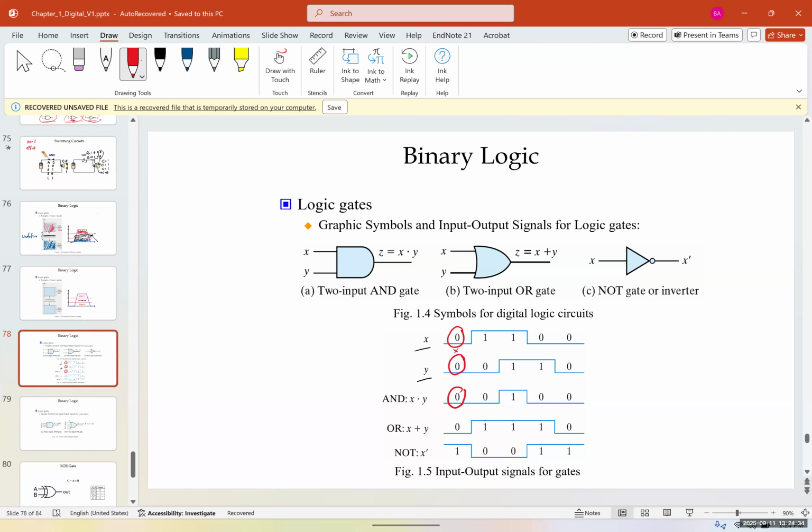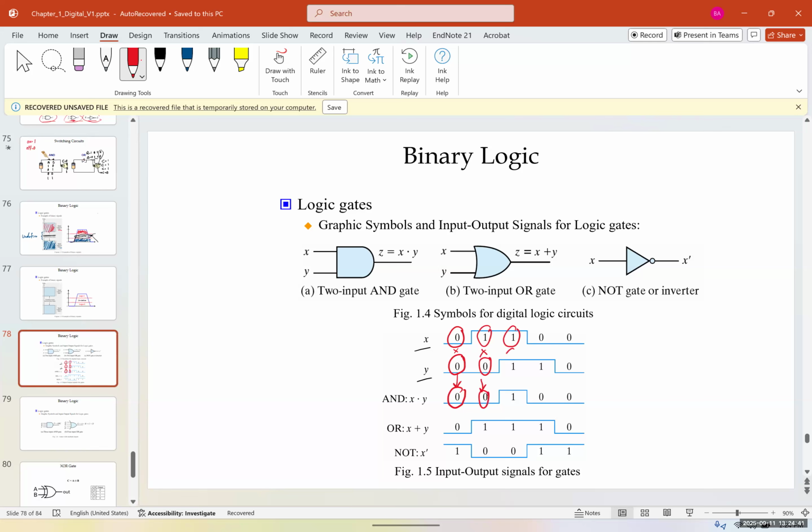So X times Y gives us 0. Again, if X is 1 and Y is 0, we're going to have 0 in the answer. If both of them are 1, the answer would be 1. If one is 0 and the other is 1, or 0 and 0, it's also 0. We usually show it like this, which is a binary signal.